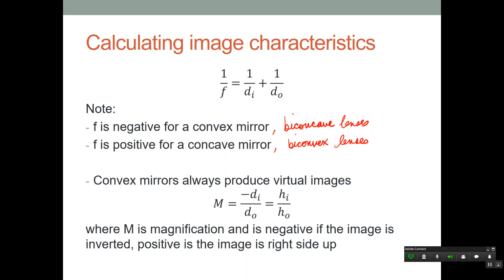What do convex mirrors and biconcave lenses have in common? Yeah, they both produce virtual images. What's the opposite of converging? Diverging, yeah. So what's common is that they're going to produce virtual images because they're divergent. So let's write that here. This is divergent. This is convergent.